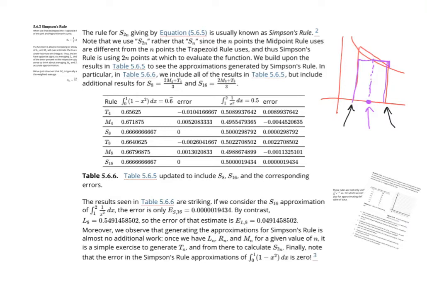One quick comment I want to make is, when I first learned Simpson's rule, I was told that it was a rule where instead of using trapezoids or rectangles to approximate area under a curve, you're actually doing something like this. Let's say our curve was something like that.